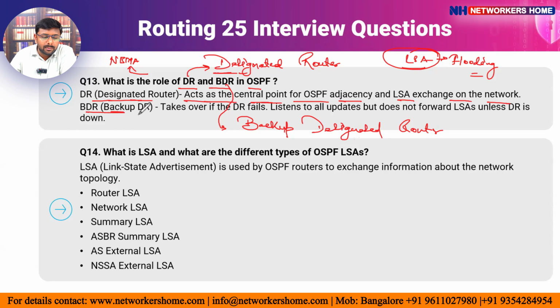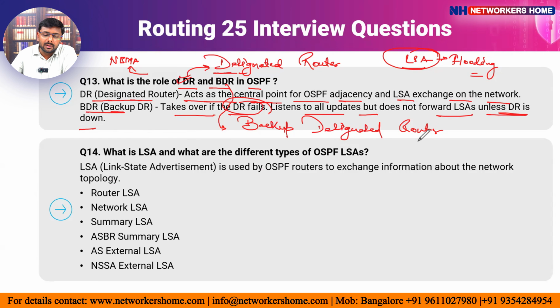Now, why do we have this BDR, the backup? If the DR is not present, then who will take its place? The BDR, the backup DR. It takes over the DR role if the DR fails. It listens to all updates but does not forward the LSAs unless the DR is down. So even though it receives the information, it will not forward it until and unless the DR is not working.